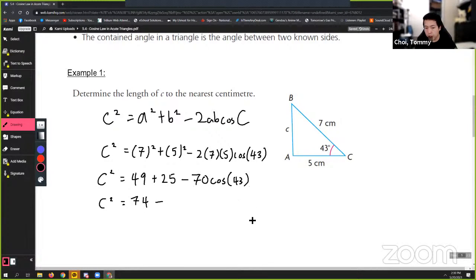And you can do this on a calculator. 70 cos 43. Make sure you try it now. Keep getting practice with your calculator so that you don't make a mistake on the test. 70 cosine 43 is going to give me 51.195 rounded.